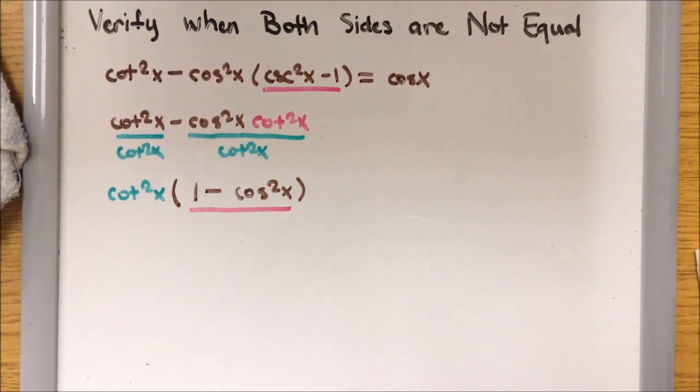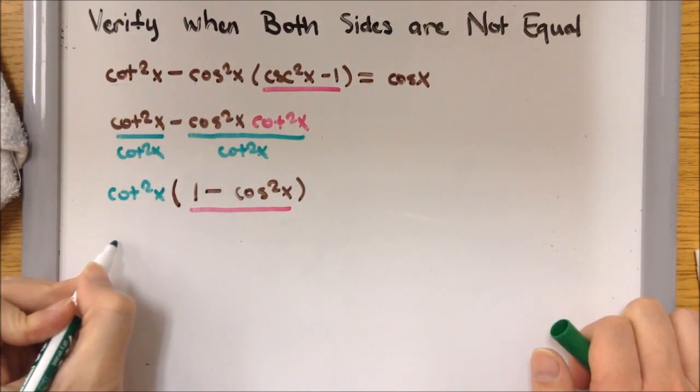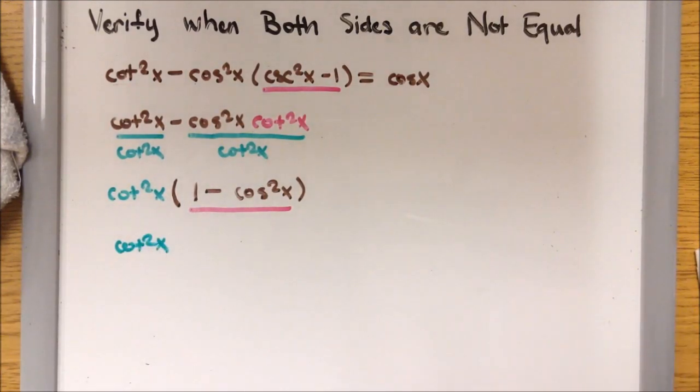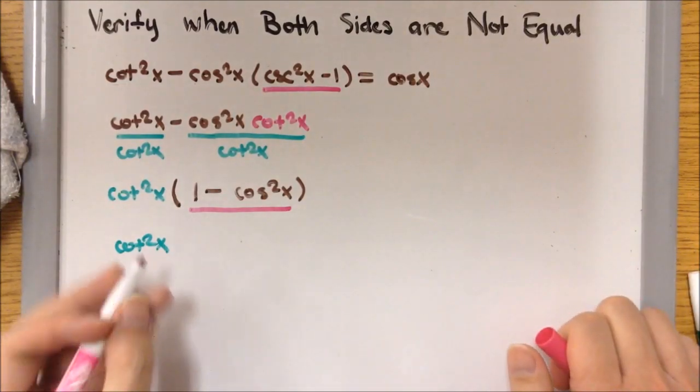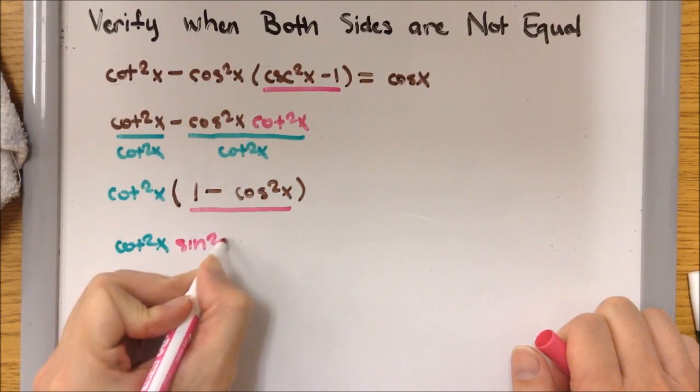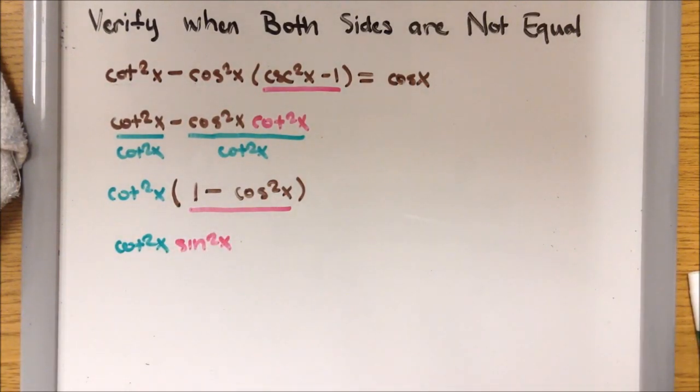So cotangent squared x will stay the same, and the 1 minus cosine squared x will be switched out with sine squared x. Now, there's nothing else I can do at that point, so then it's okay to change everything into sine and cosine.